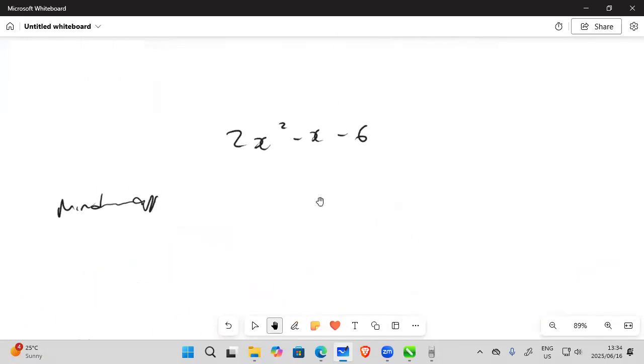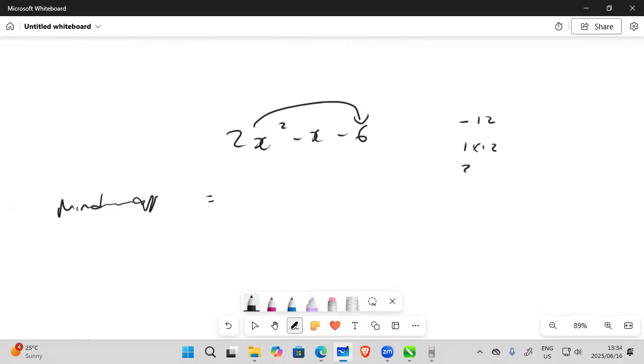Right. And so if I do this here now, what technique do we employ here? We do the following. You multiply the coefficient of the x squared term to the constant term. If I do that, I get minus 12. Then you list out the factors of minus 12. It'll be 1 times 12, 2 times 6, and 3 times 4.